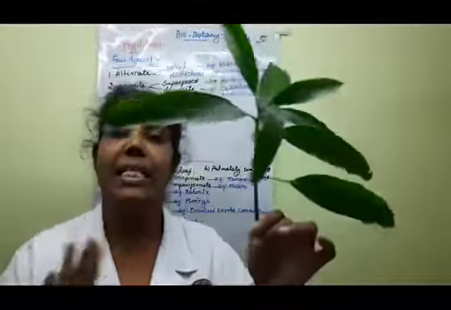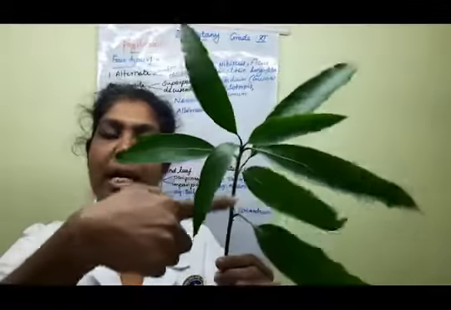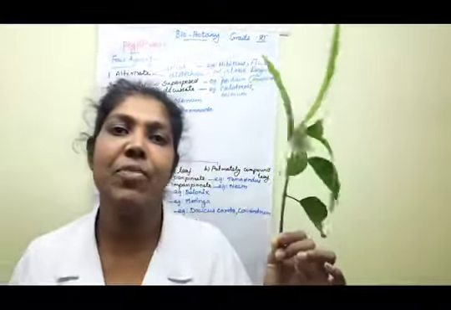Okay, so if we take a big plant, the leaves are there, isn't it? These leaves are arranged on the stem region, which is known as phyllotaxy. Clear, children? Say yes or no? What do you mean by phyllotaxy? The leaves are arranged on the stem region, which is known as phyllotaxy.